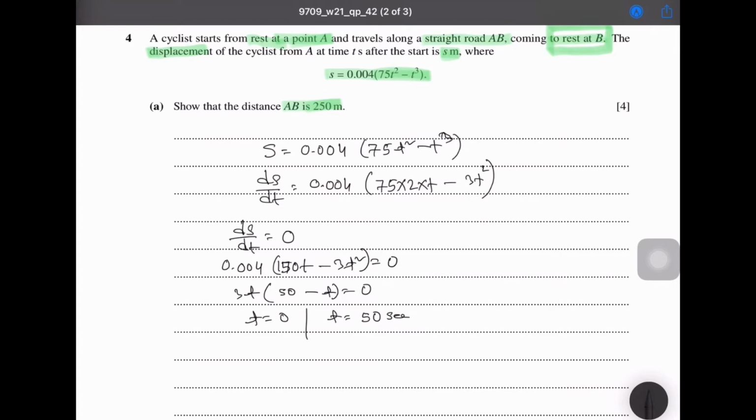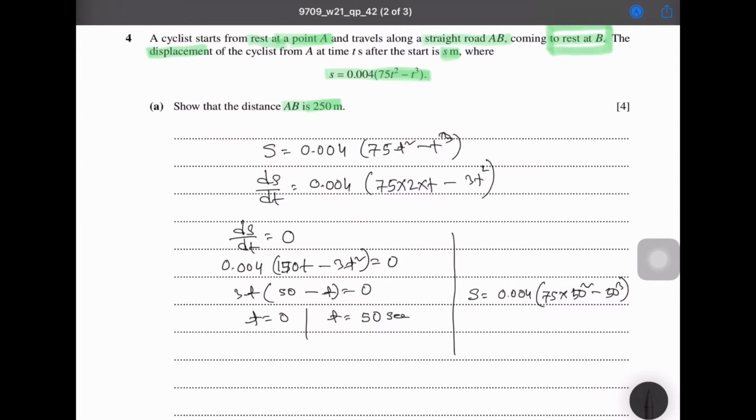Since we are finding out distance, let me substitute this t in s. 0.00475 into 50 squared minus 50 cube.